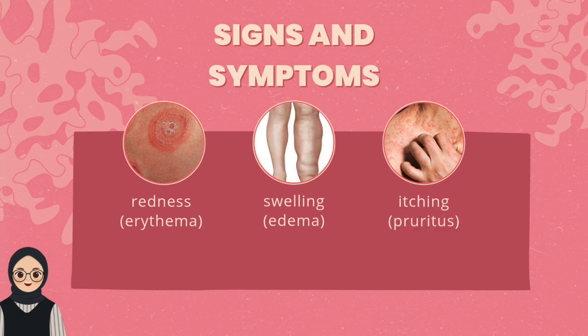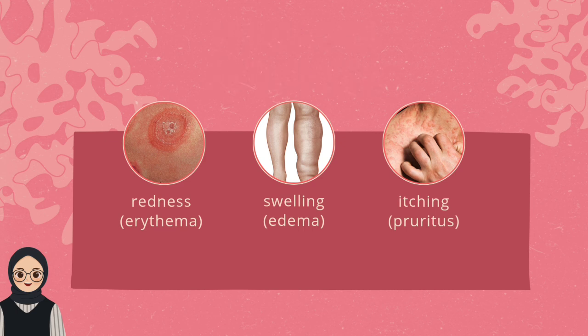The last one is itching, which is pruritus. It is an irritating sensation that makes a person want to scratch, which unfortunately releases inflammatory mediators that can temporarily increase the sensation of itch, leading to a difficult to break cycle.